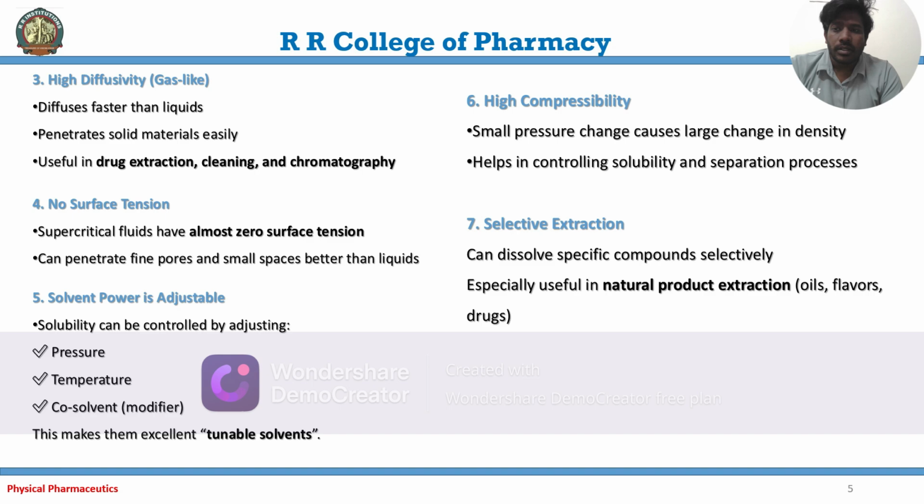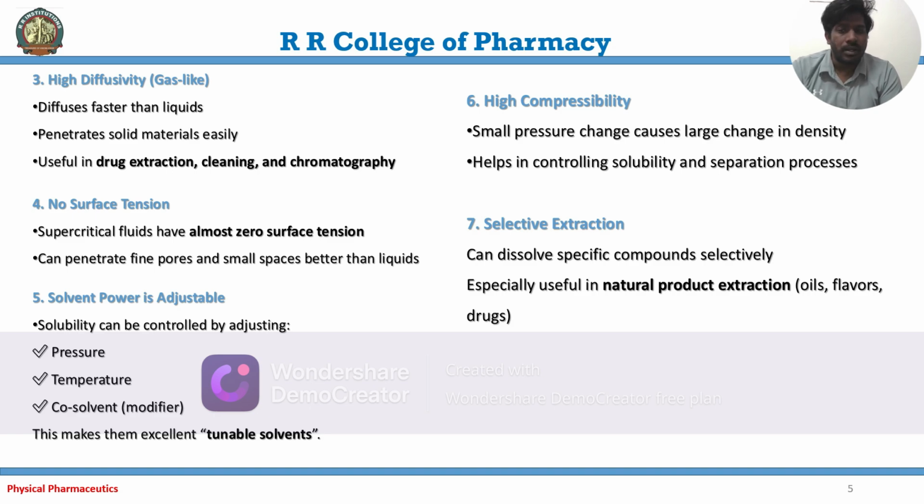As I told you, this high diffusibility diffuses faster than liquids and penetrates solid materials easily, and is useful in drug extraction, cleaning, and chromatography. And we have no surface tension. So, supercritical fluids have almost zero surface tension and can penetrate fine pores and small spaces better than liquids.